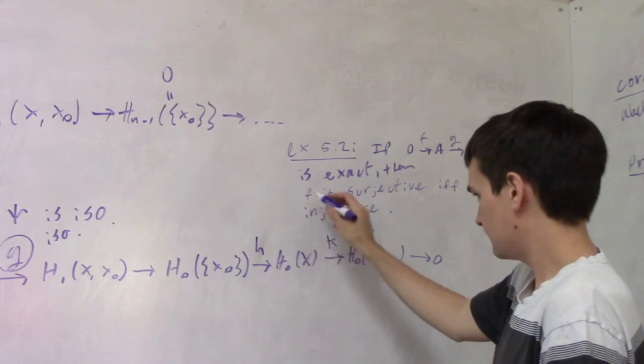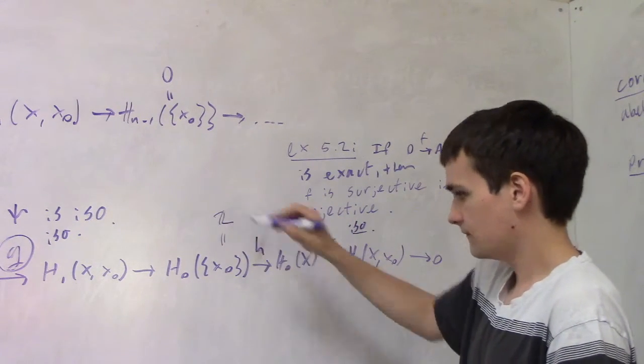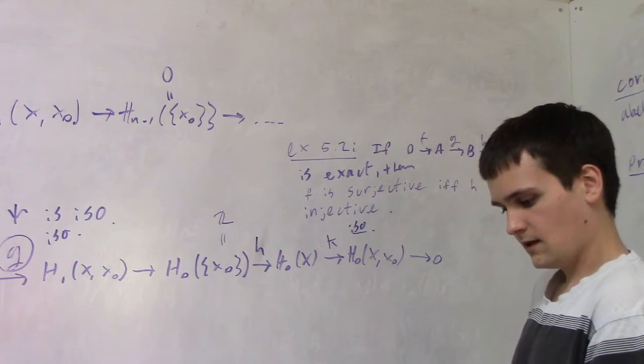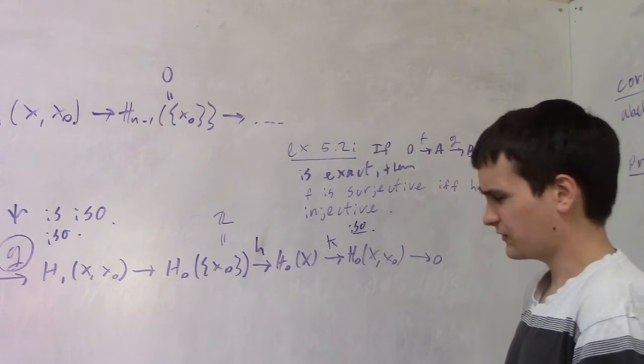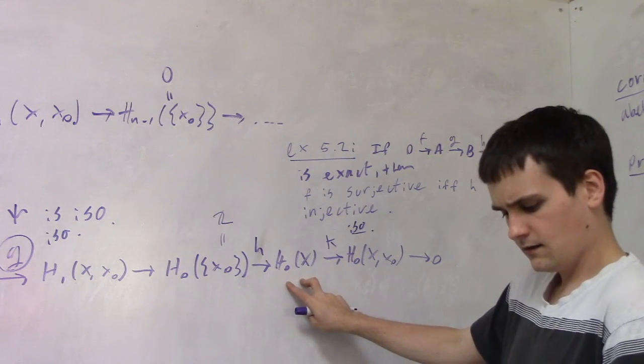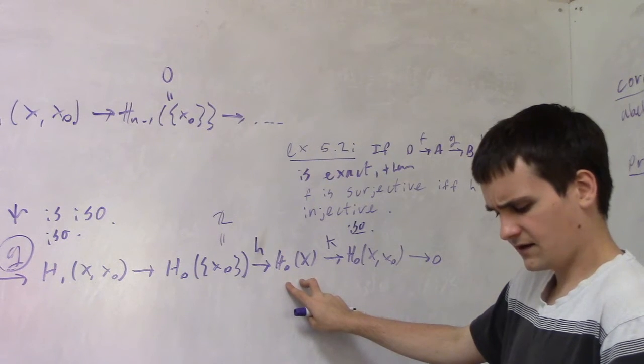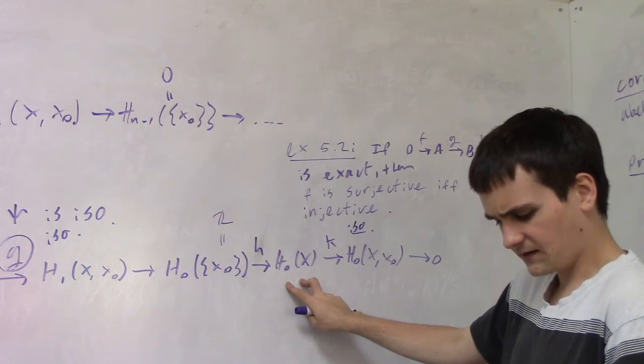H naught of X naught, and target free abelian group H naught of X. They say if H is non-trivial, then H must be injective.